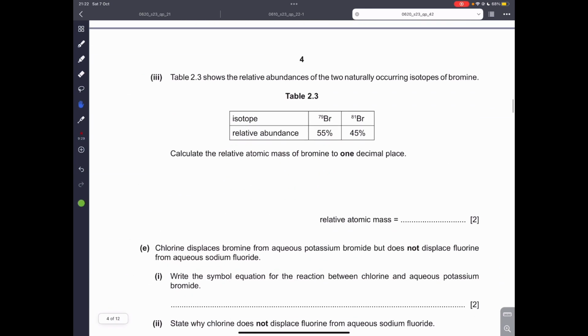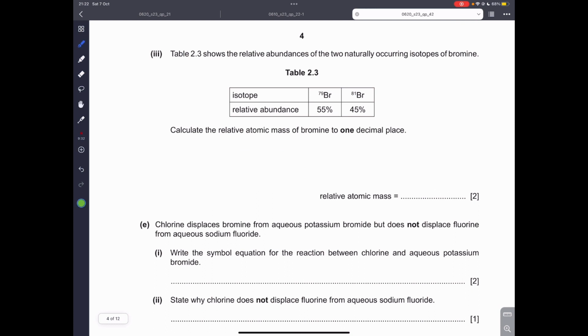Moving on. Question 3 shows the relative abundance of two naturally occurring isotopes of bromine, 79 and 81. We have to calculate the relative atomic mass of bromine to 1 decimal place. To calculate the relative atomic mass, basically what we have to do is multiply these percentages by the mass numbers. So we can say 79 multiplied by 55% plus 81 times 45%.